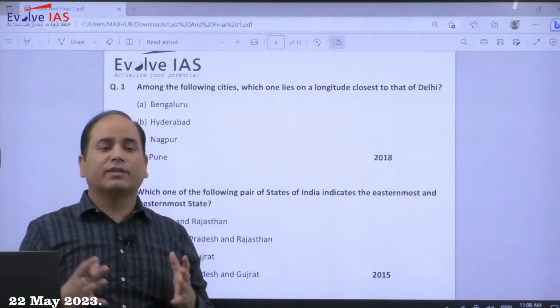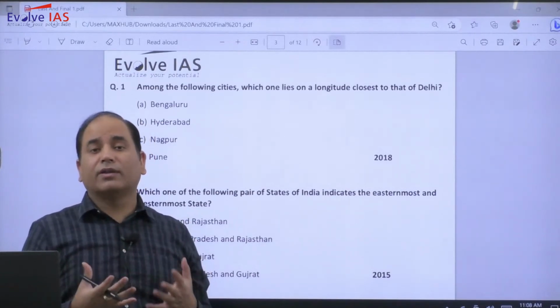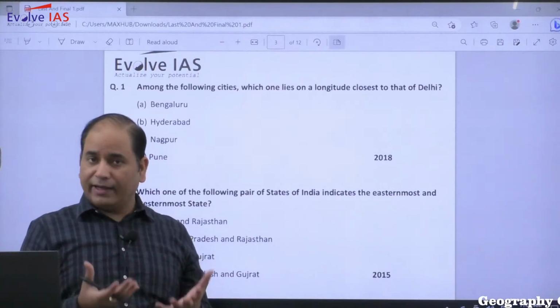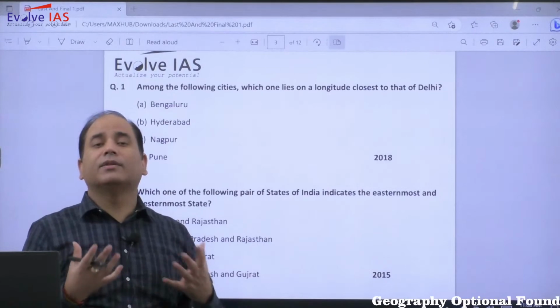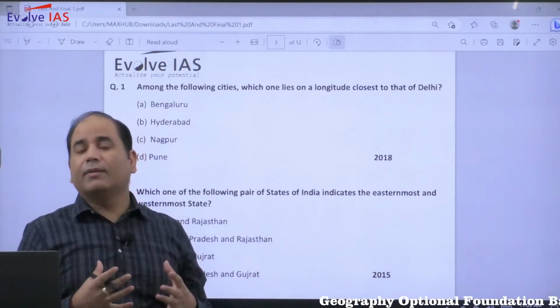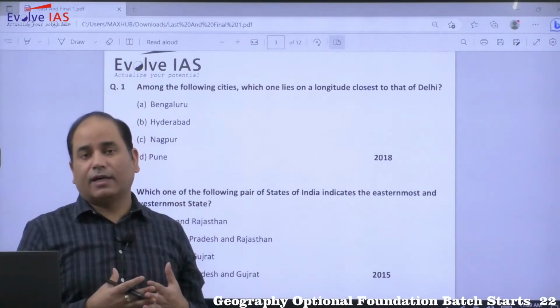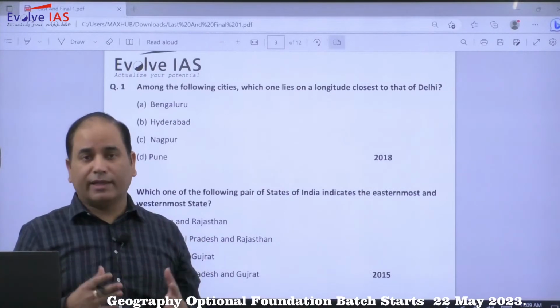India is surrounded on three sides by the ocean, and one of the only oceans on this planet that is named after a country, the Indian Ocean. In the north, northwest, northeast, we have the mountains. So we have a very closed geographical feature of our country, and the latitudinal and longitudinal extent is also very great.